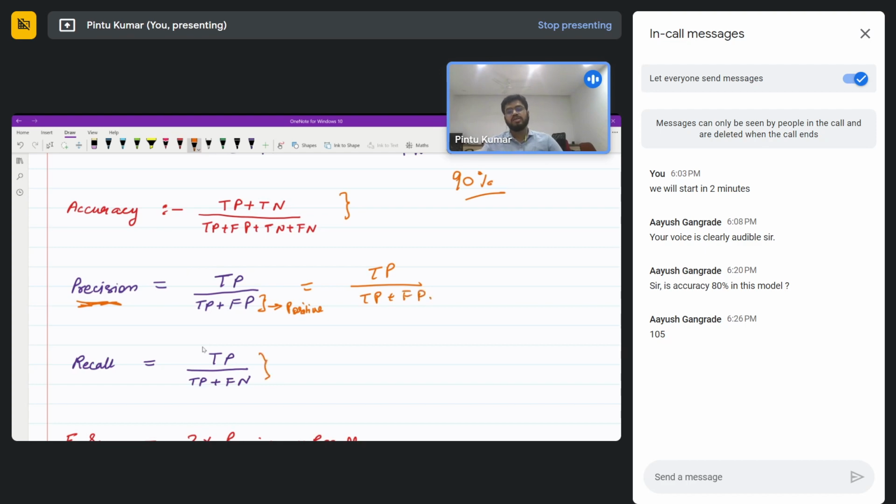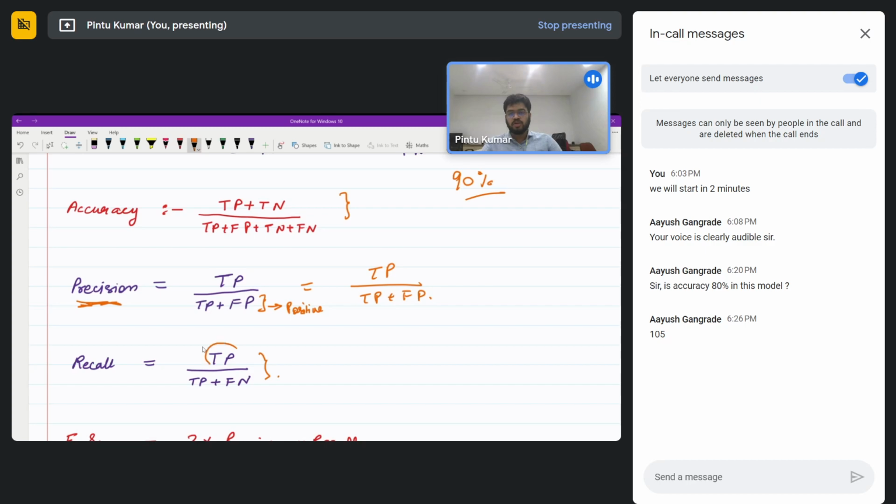Another notion that you have is recall. Recall means out of total actual positive samples, remember this word, actual positive samples, how many samples were you able to recall? How many samples were you able to retrieve to be positive?